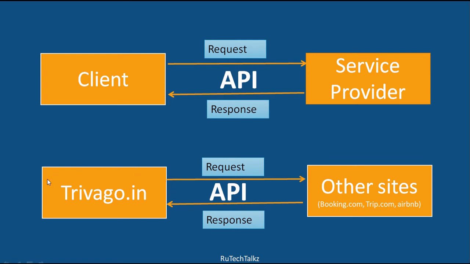In our example, Trivago.in is a client, and the other websites, that is booking.com, trip.com, Airbnb, are the service providers. Trivago sends the request asking for the availability of the hotels to these websites, and these websites send the response to Trivago about the availability, and this happens through the APIs.